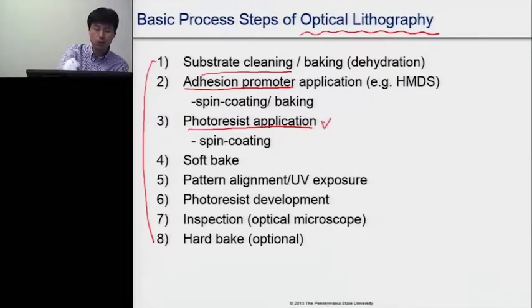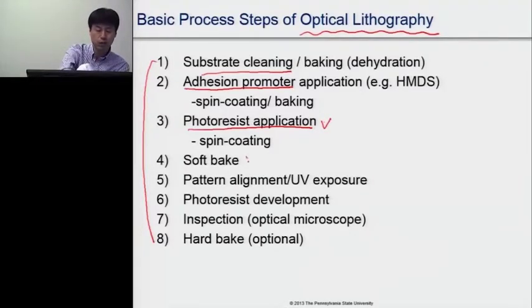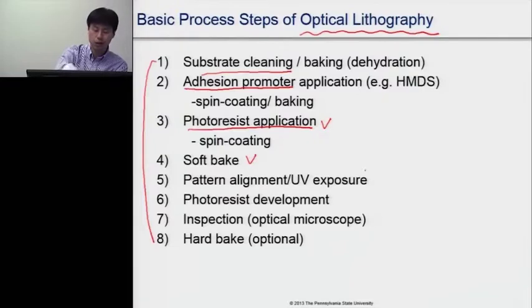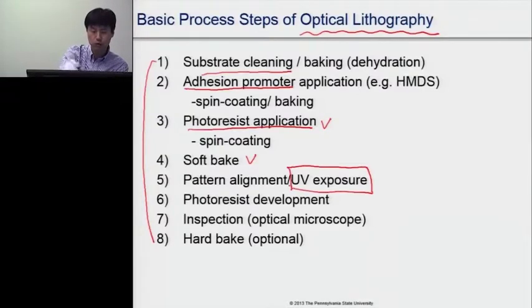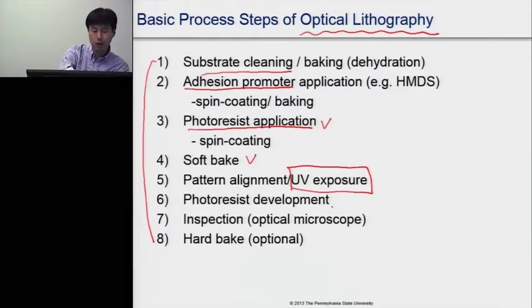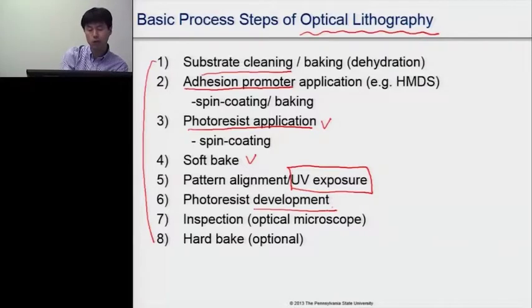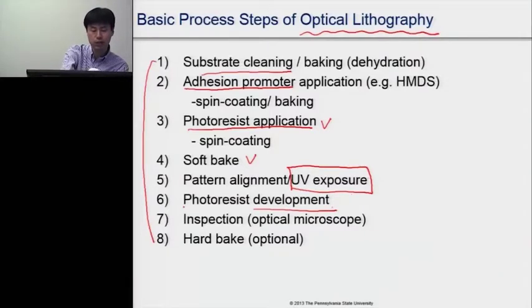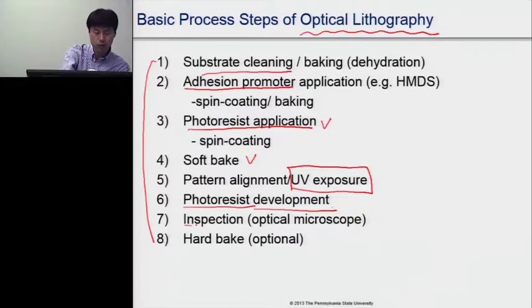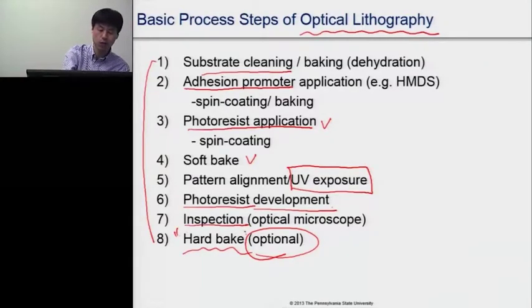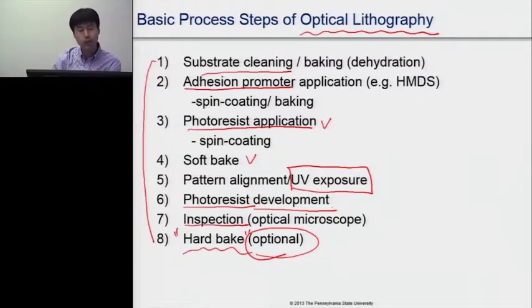After spin coating of the photoresist, we need a soft bake, and then UV exposure, and then we will develop that UV exposed photoresist, and then we will do some inspection. Then there is an optional process: depending on the following processes, we might need an optional hard bake as well.